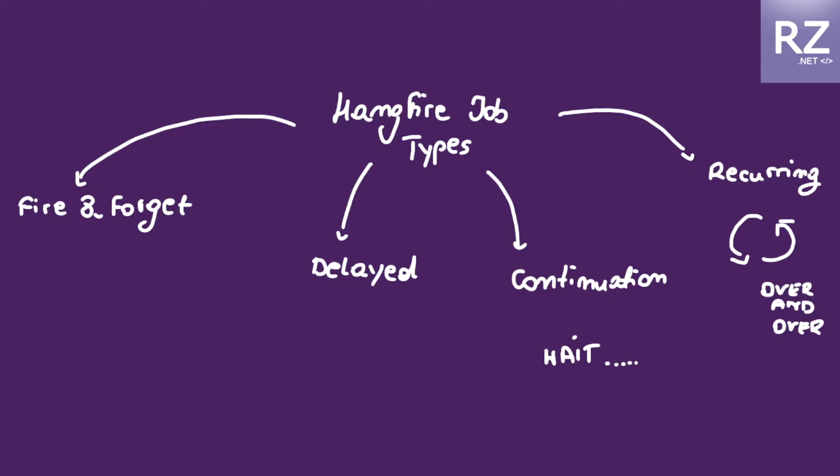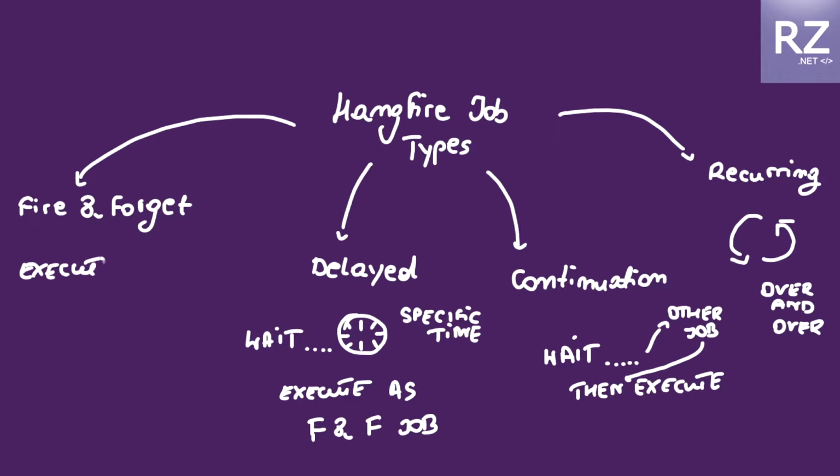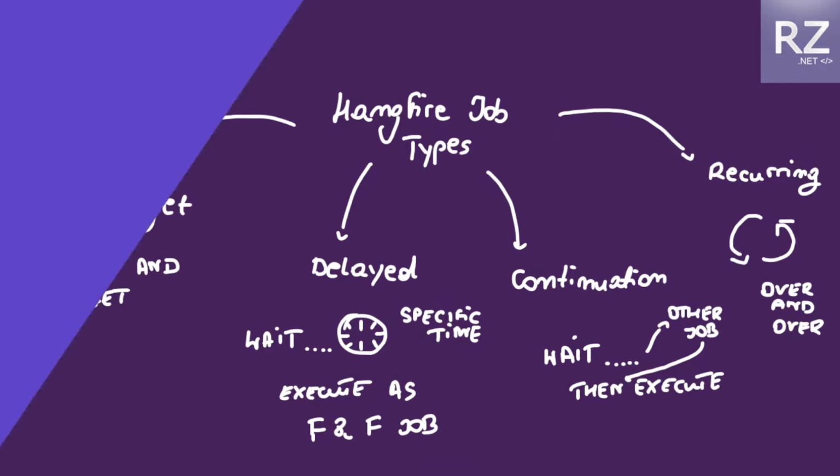The continuation job waits for a specific job to be completed based on the job ID, and then it executes as a fire and forget job. A delayed job is a job that executes after a specific time, for instance, after 5 minutes, it has to be done. And the fire and forget job is the normal job that executes immediately and only once.